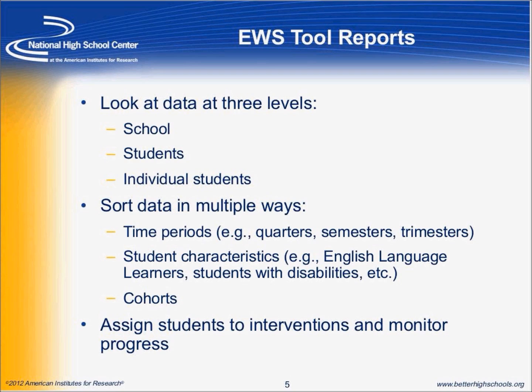Our tools also allow you to break out data in multiple ways, whether it's by time period, grading period at the school, quarter, trimester, semester, student subgroups such as English language learners, students with disabilities or disadvantaged students, and finally by cohort, which is that grouping variable determined at the school, whether you want to create something like feeder middle school, teams, pods, anything like that.